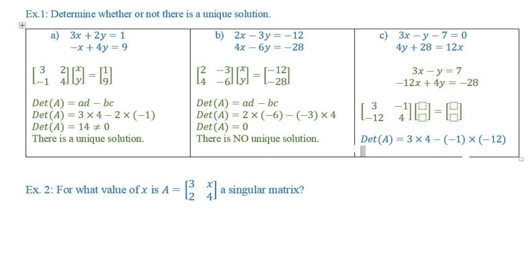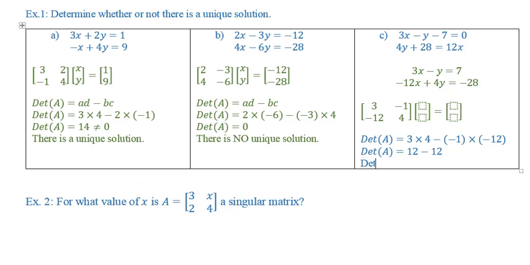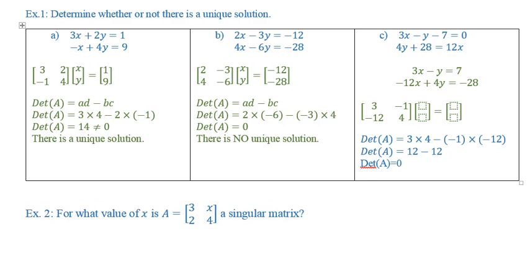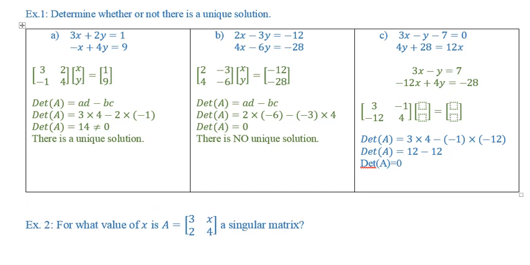If you actually do the calculation, that tells you that the determinant of A is 12 minus, again, negative times negative is a positive, so we do get that the determinant of A is equal to 0. We don't need to know anything else. As soon as we find out that determinant is 0, we can say there is no unique solution.